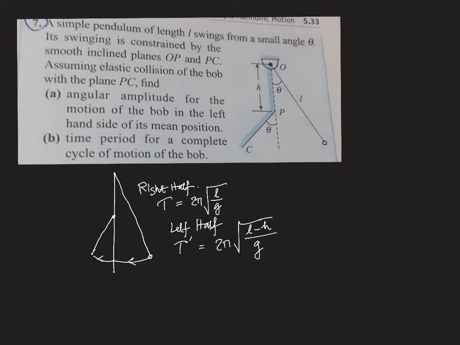Yeah, this is L. So the length is L minus H. So 2 pi root over L minus H by G.